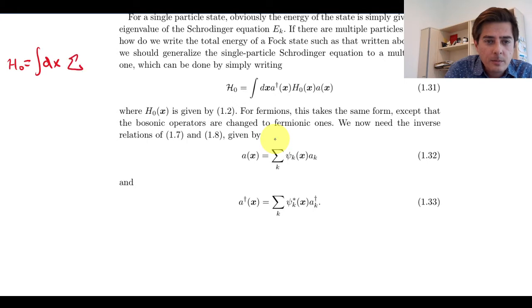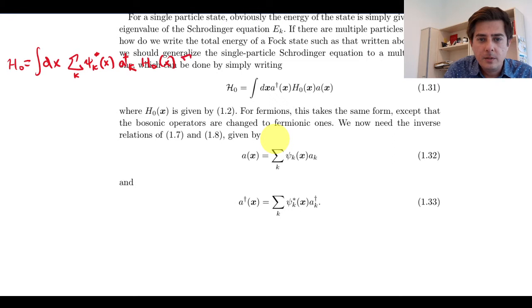So this one is going to be K, psi K star x of A K. And then we've got the H0 of x.